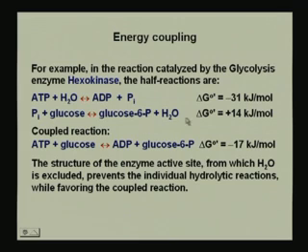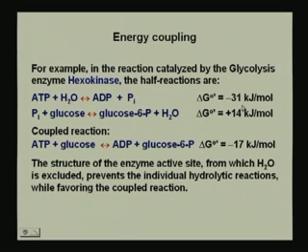Now, as I just mentioned, this overall reaction has a positive delta G0 prime. However, if you couple it with the hydrolysis of ATP, ATP hydrolysis gives you ADP plus Pi, and we have a very large negative value here for the breakdown of ATP.